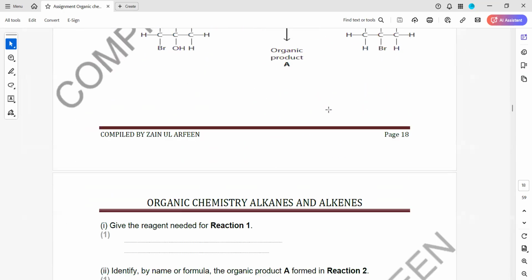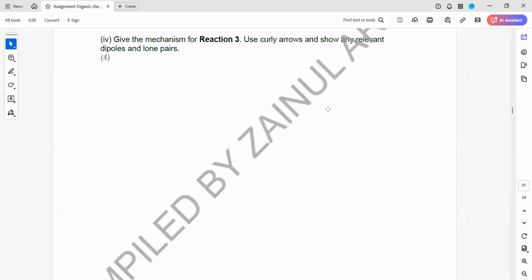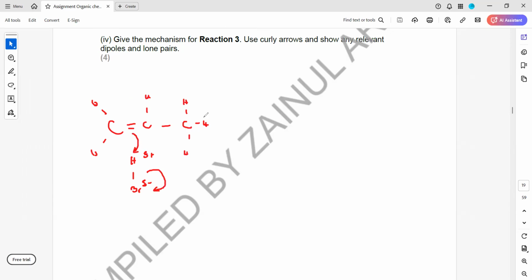So propene is reacting with hydrogen bromide, HBr. Bromine is more electronegative, hydrogen is less. Bromine will try to take both electron pairs and the hydrogen will attack.